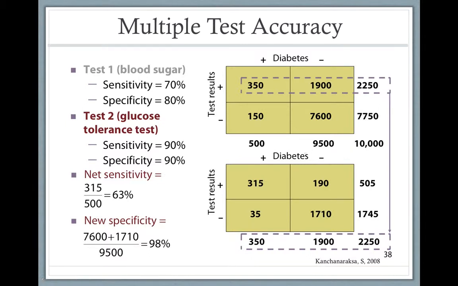And then we get the net sensitivity based on this sequential testing, which is the probability of having someone be positive at both of these tests, which is only people that are positive to this test are going to be included here. So this 350 indicates that people have already tested positive. So the people testing positive to both of these tests are only the people down here, 315.